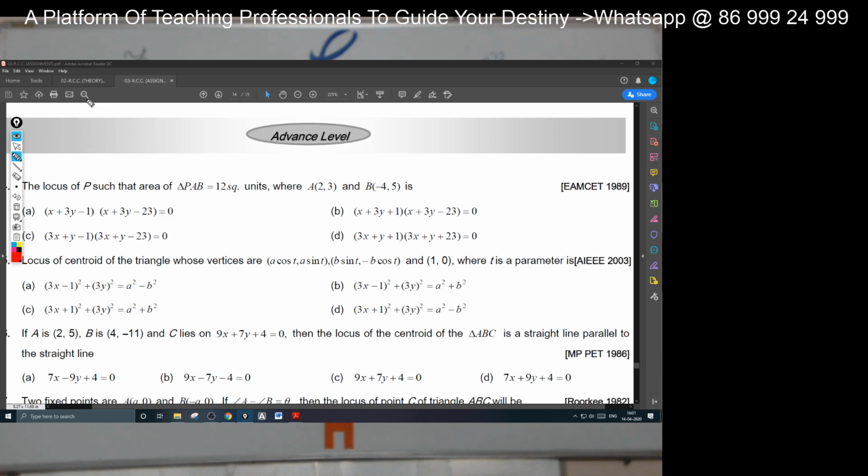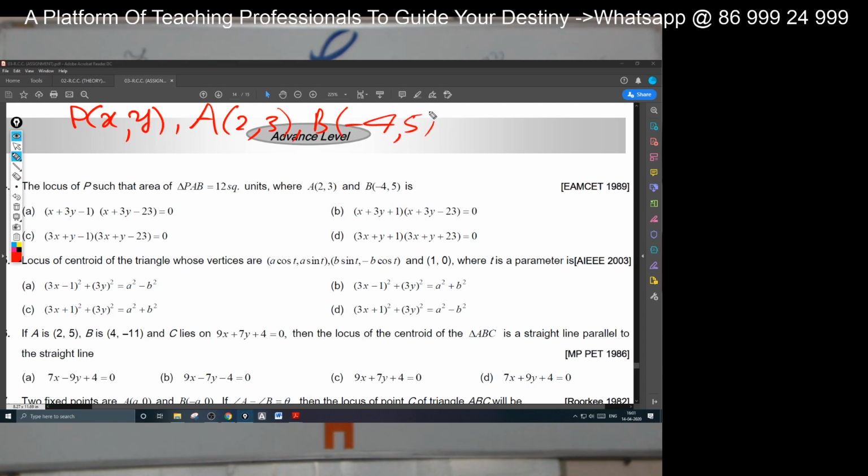As usual, we will take P as x1, y1. And A is 2, 3, given. And B is minus 4, 5. It is also given.